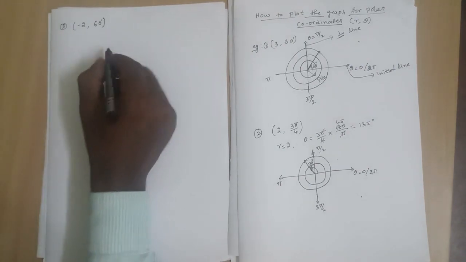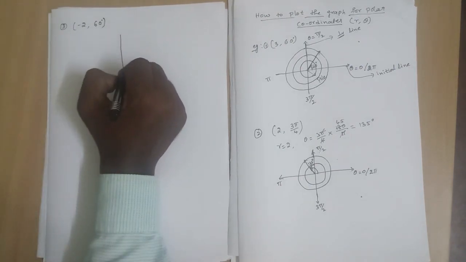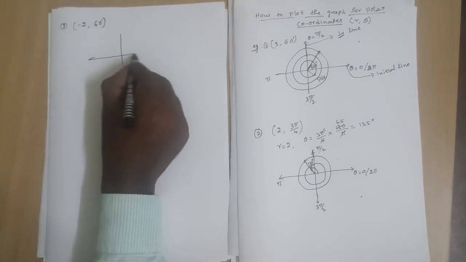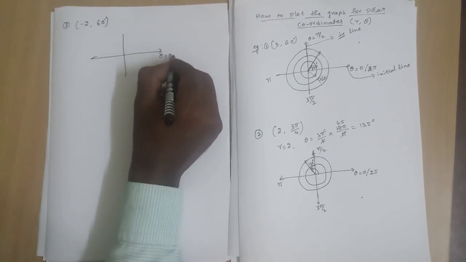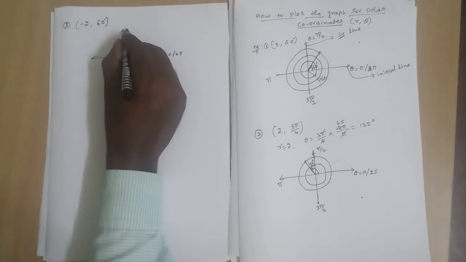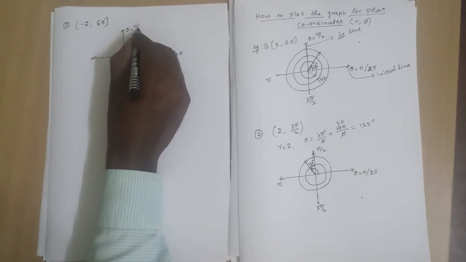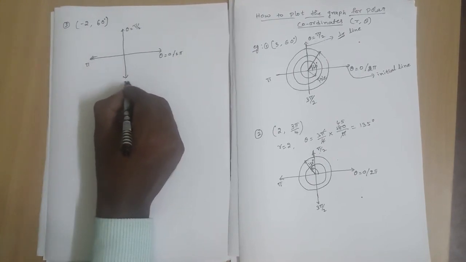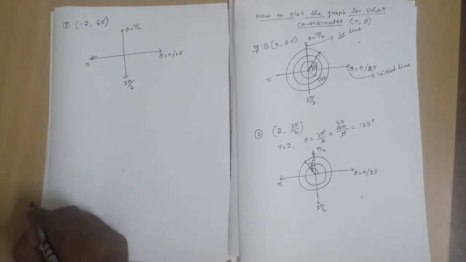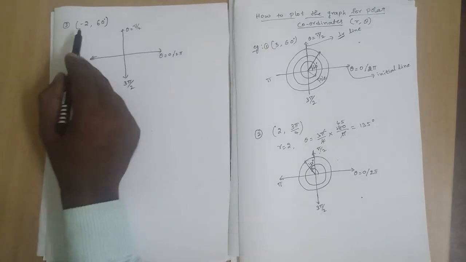So what we'll do here: this is theta equal to 0 or 2 pi, here theta is equal to pi by 2, here it is pi, and this one is 3 pi by 2. So r is equal to minus 2.